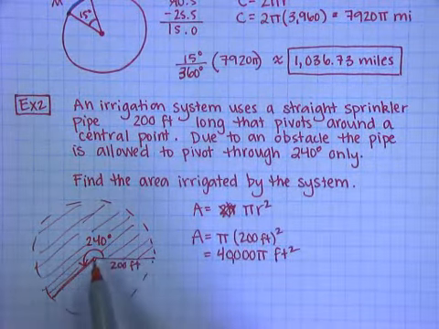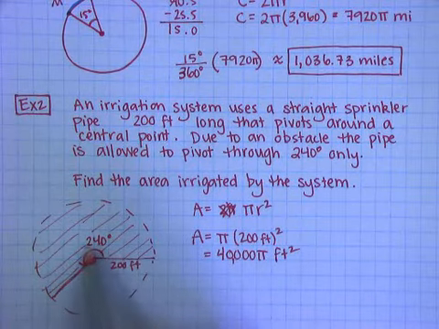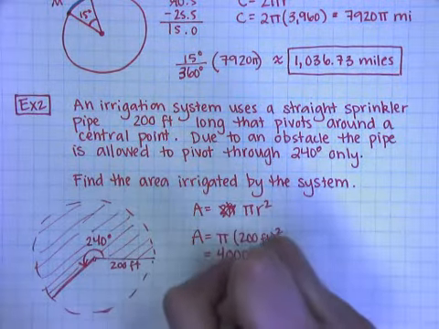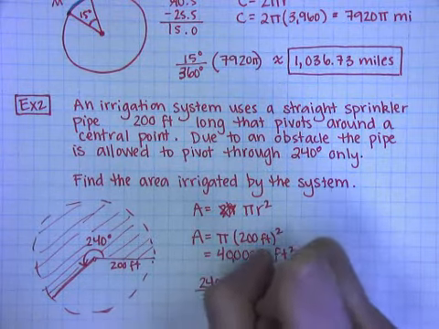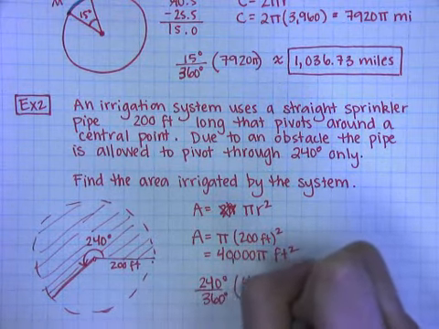Okay. And again here we just want a proportion or a fraction of this entire circle. So 240 degrees is to 360, and then we're going to multiply that by our total area.